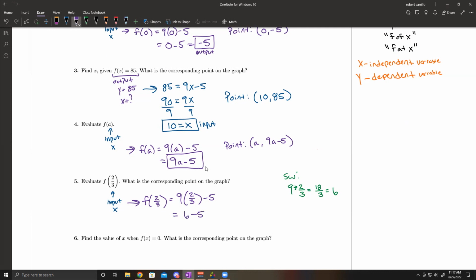And 6 minus 5 gives us 1. There it is. There's the output. I guess I could have put that one up there too, right? Output. Okay, now again, what point does this make on the graph? 2/3 and 1.